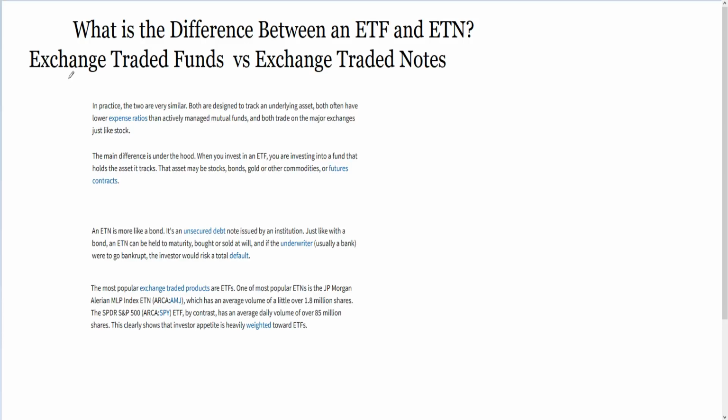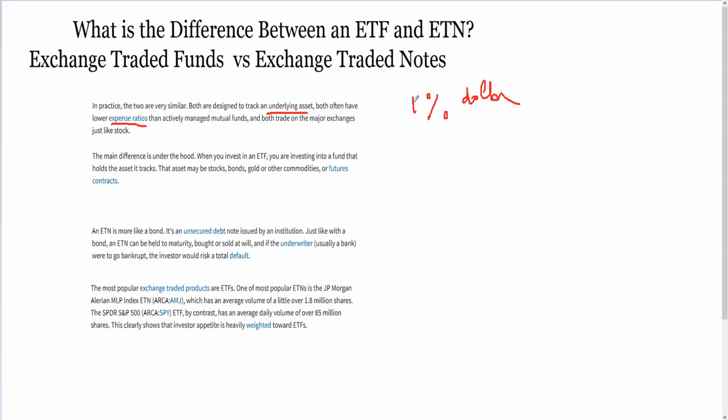ETF, exchange traded funds, and ETN, exchange traded notes. So what's the difference? In practice, the two are very similar. Both are designed to track an underlying asset. Both often have the same expense ratio. Most of the time it is under 1%.